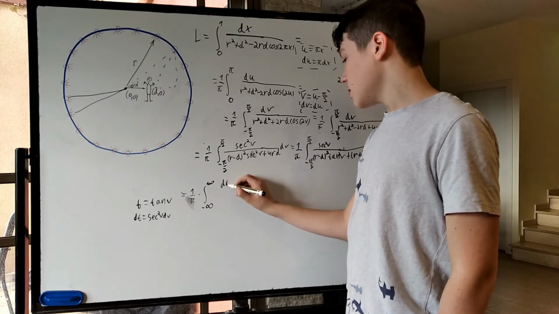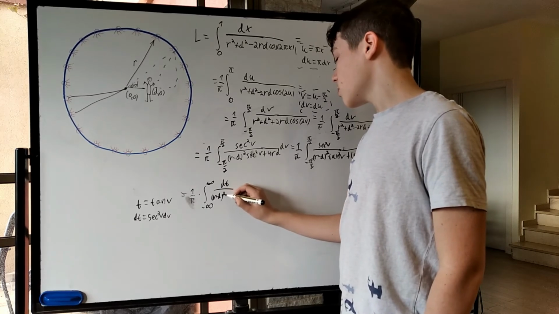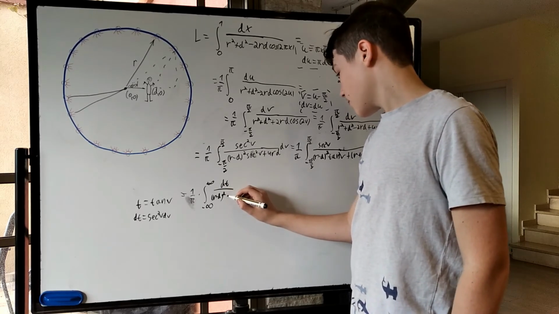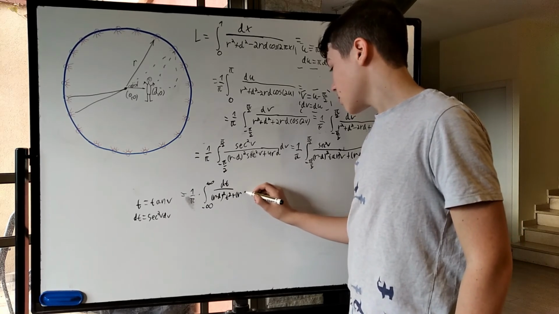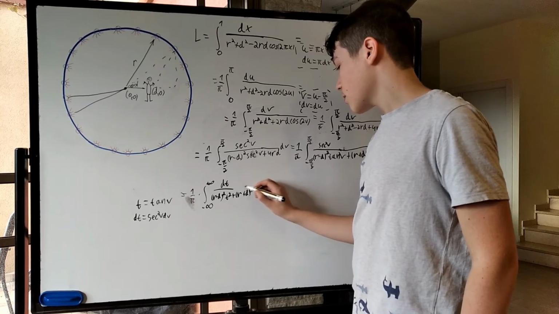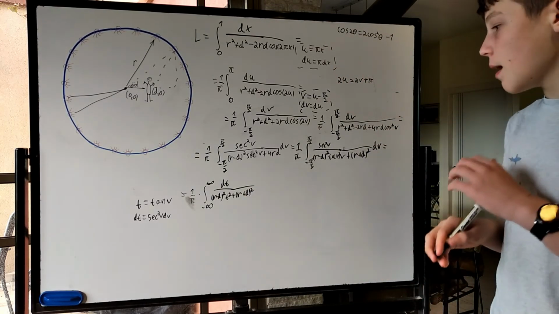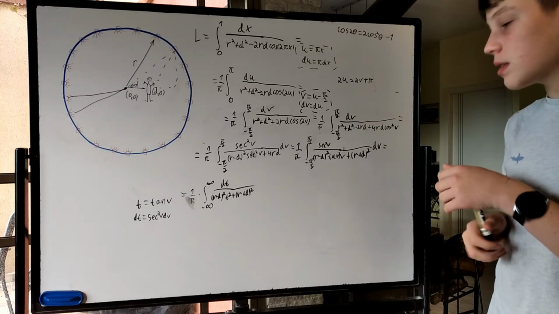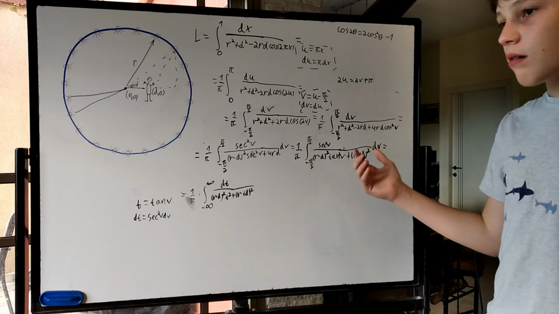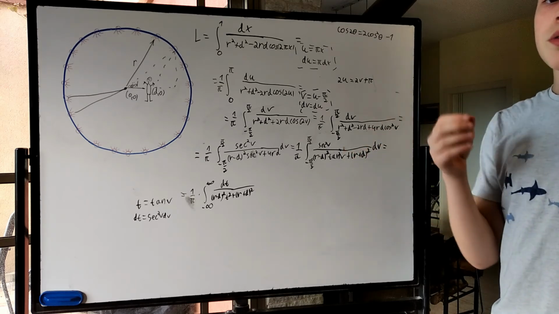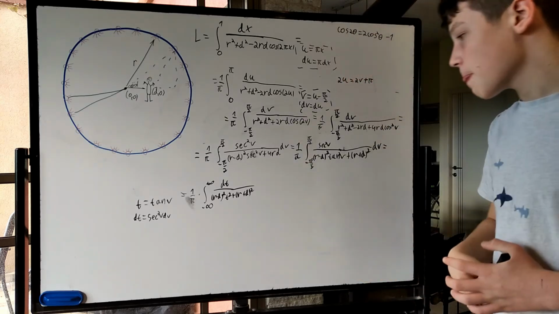And now we'll get dt divided by r minus d squared t squared plus r plus d squared. Okay. Now, this looks a lot like the derivative of arctangent of t, which is 1 over t squared plus 1. We just have to modify things a bit here.